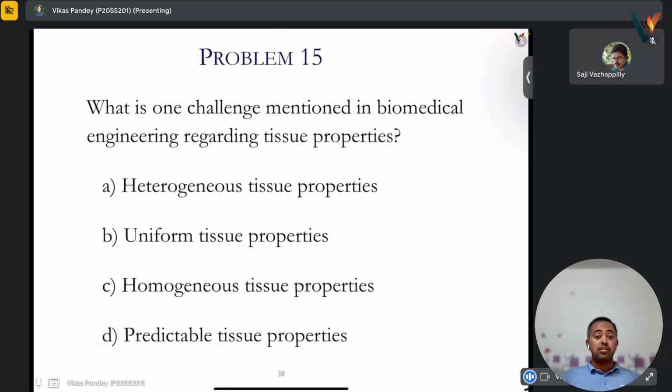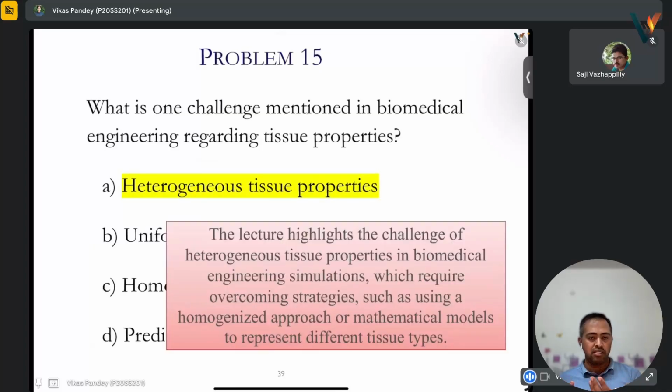So this is a challenge in simulation of tissue in biomedical engineering compared to our normal material science. So how is it tackled? By using a homogenized approach or a mathematical model to represent different tissue types.